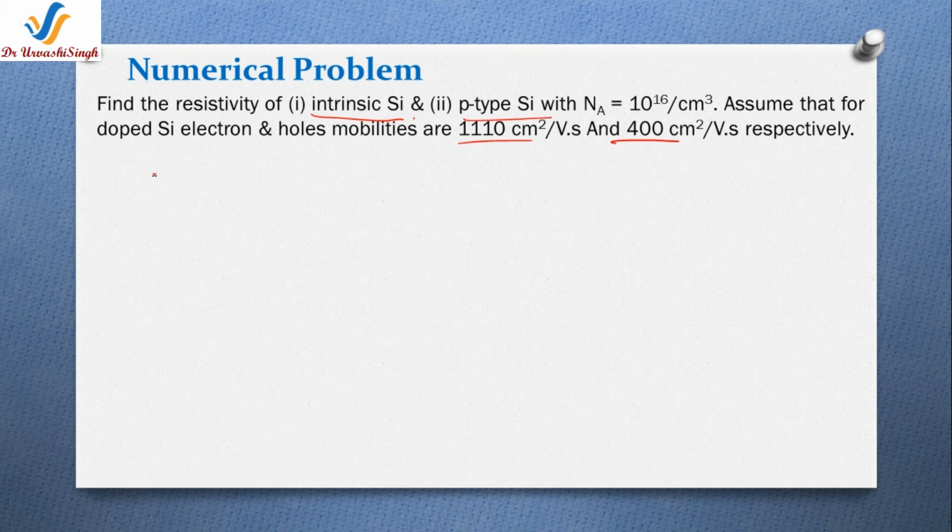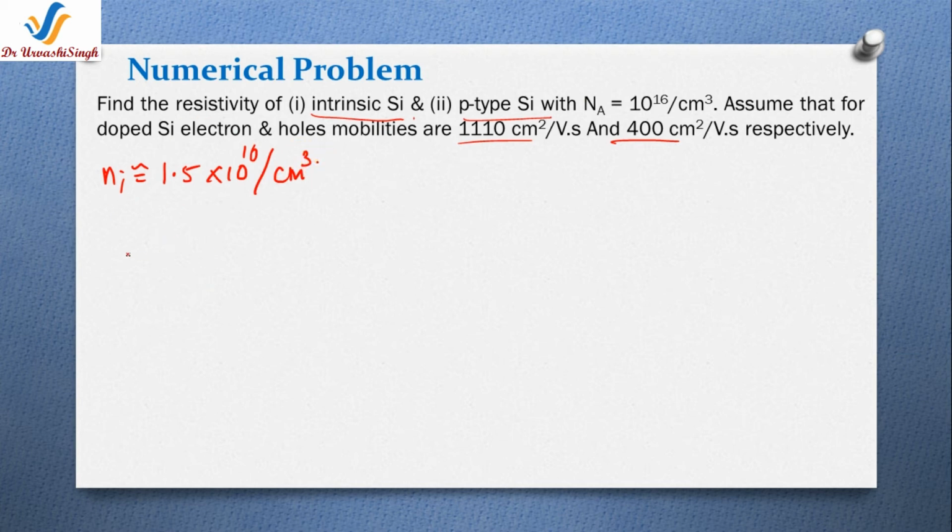Now let's solve the problem. For the intrinsic semiconductor, I will use the standard values of the intrinsic carrier concentration. Ni is approximately 1.5 × 10^10 per centimeter cube.